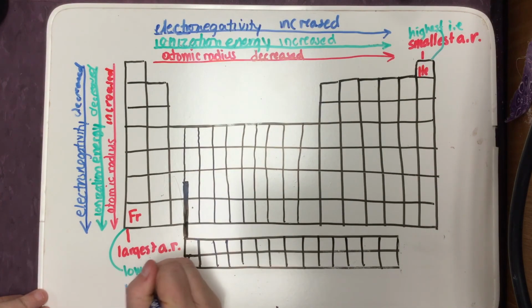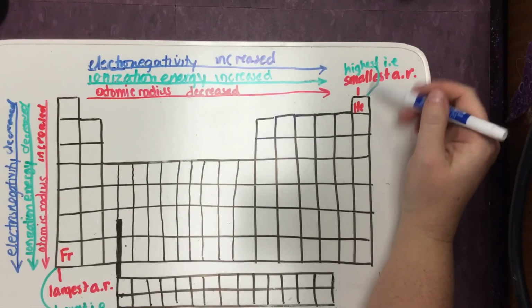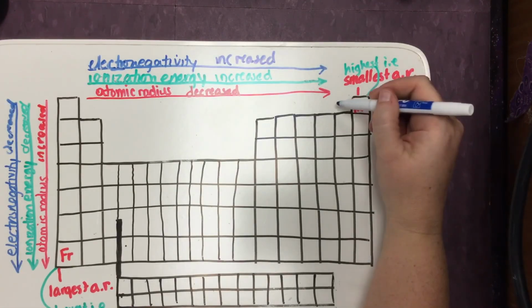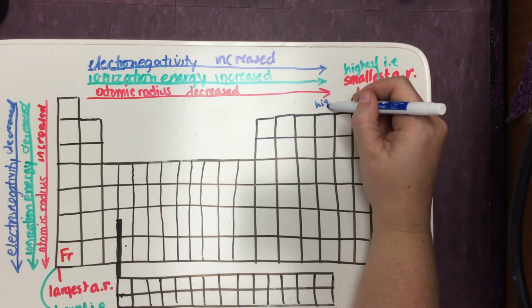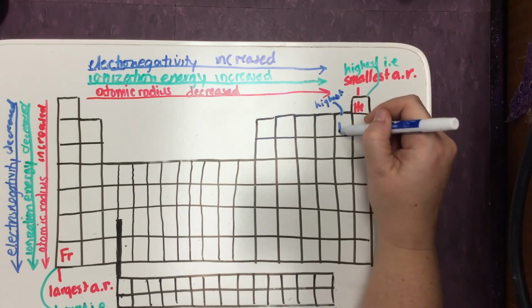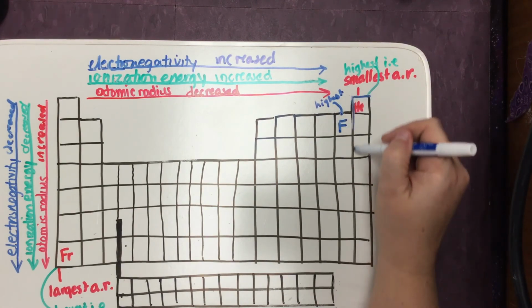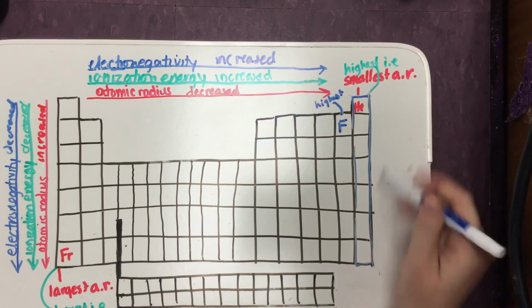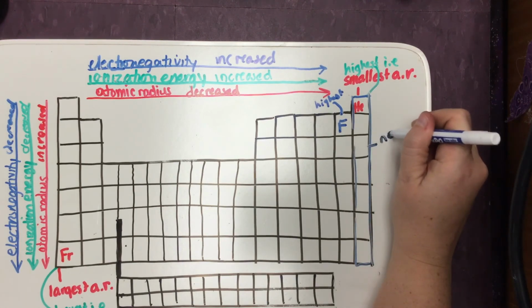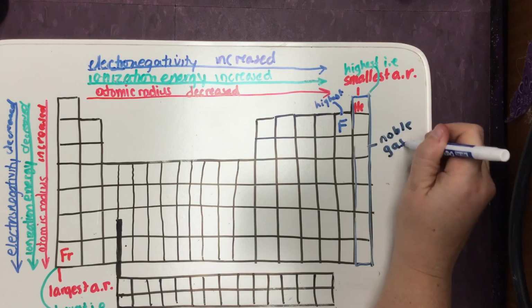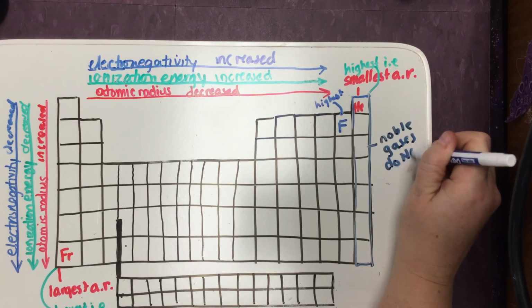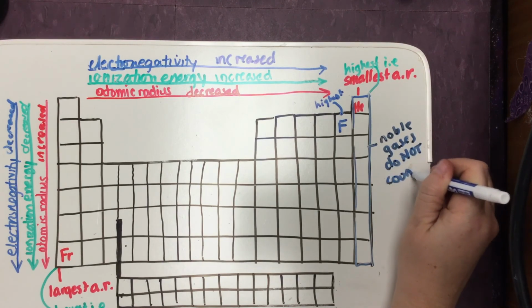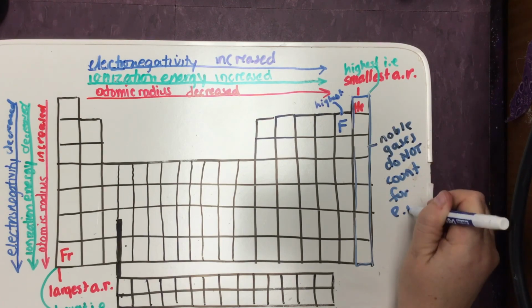The lowest electronegativity was francium, and the highest would be up here, but because we don't count the noble gases at all, we're going to say the highest is now fluorine. And I'm just going to put on this periodic table, noble gases do not count for electronegativity.